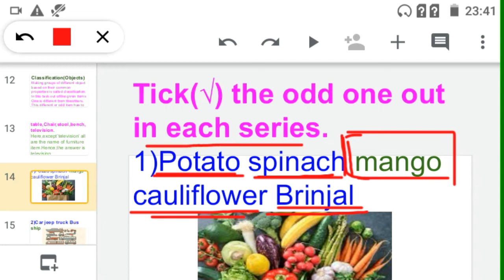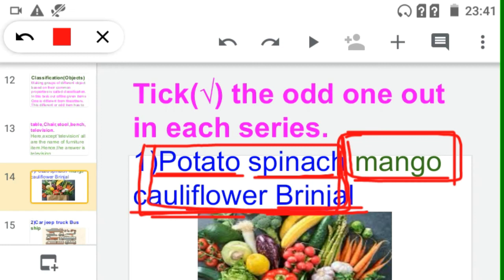Means these 4 things are vegetables. But mango is not a vegetable. Means it is the odd one. Means it is different from the other 4 properties. It is different from the other properties. So mango is a fruit.